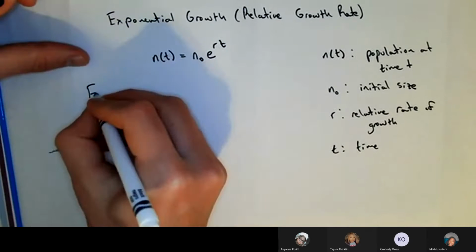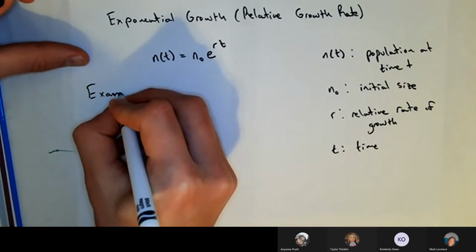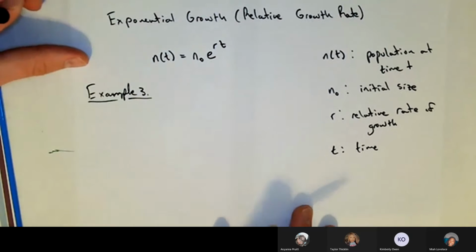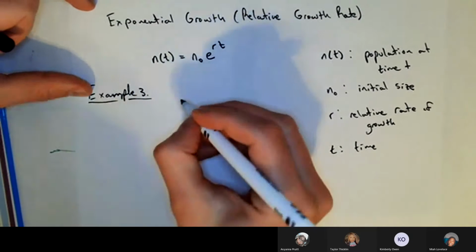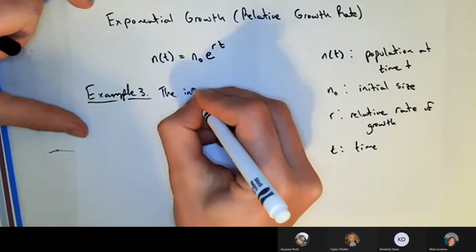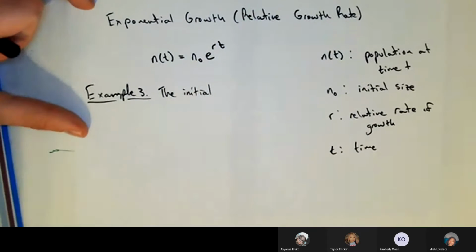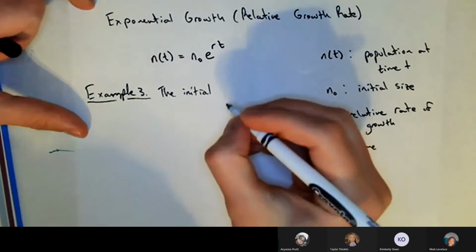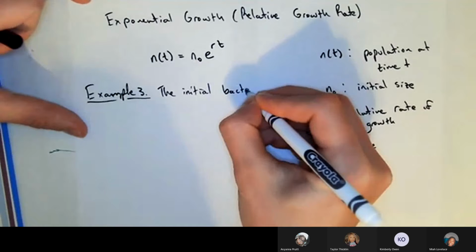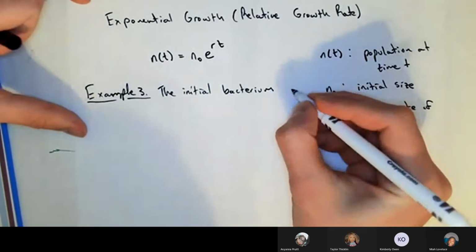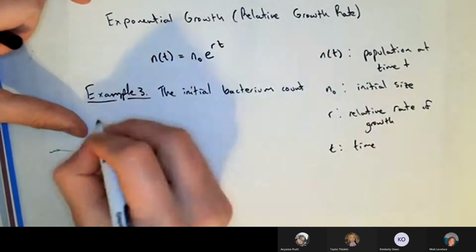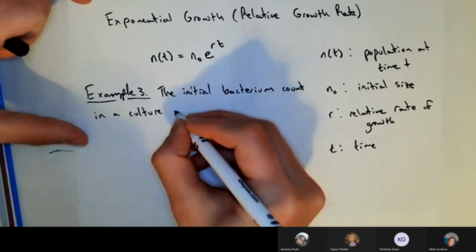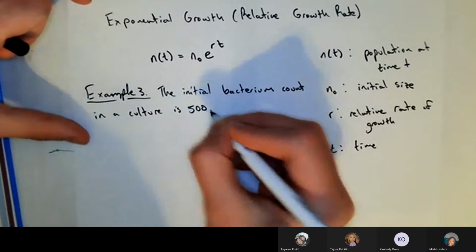Let's practice using this with example 3. So if you're still a little confused about the relative rate of growth thing, we're going to see it in an example here. That'll help. Okay, the initial bacterium count in a culture is 500.